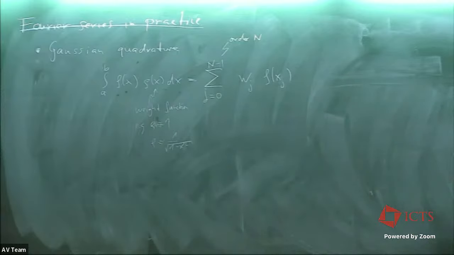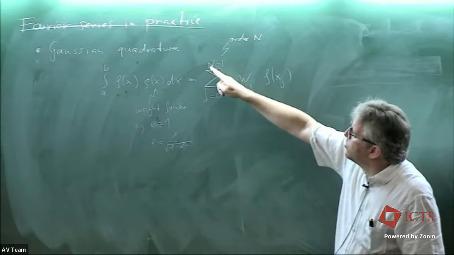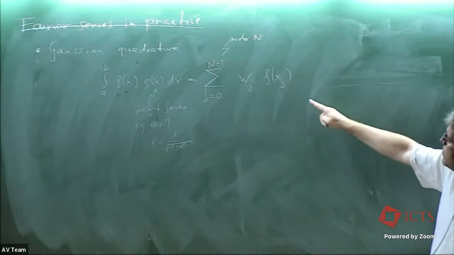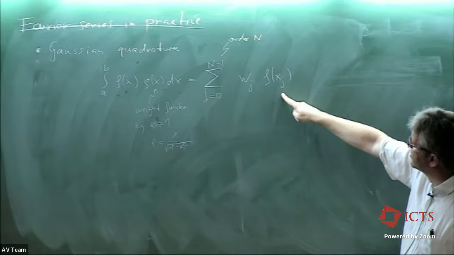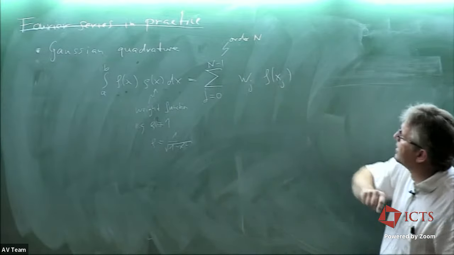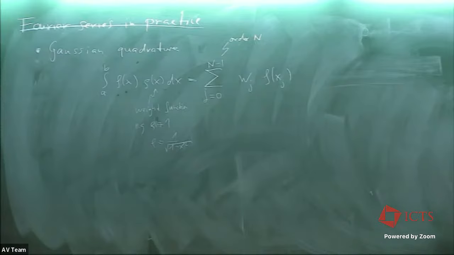By the way, I'm trying throughout this course to keep the capital symbol N to be identical to the number of grid points, like here the xj, that's why I'm going from 0 to n minus 1. But also for the Fourier series, it turns out I put the n over 2 here, because as we'll see in a little while, the Fourier series up to n over 2 works on precisely n grid points.